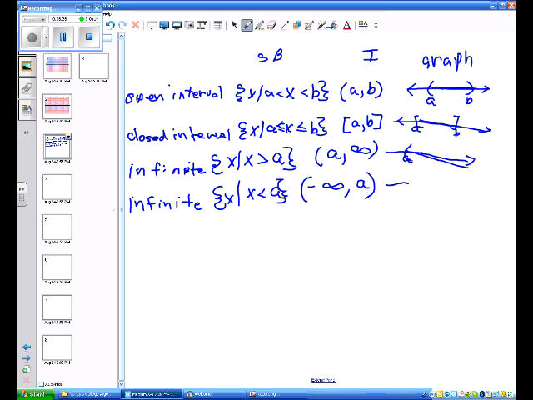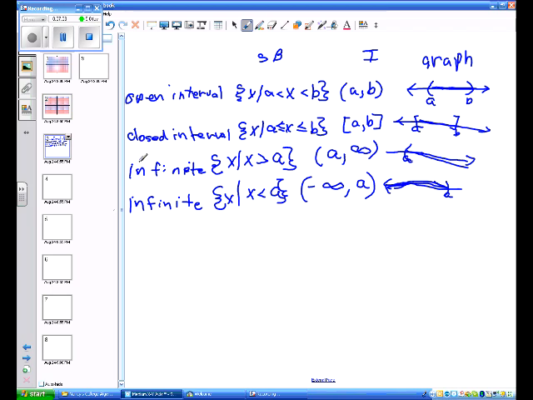And then on our graph, we're starting from infinity and we're going to A, and we have our open parenthesis to show that it's not including that point. If it had been including that point, then we would have put a square brace.